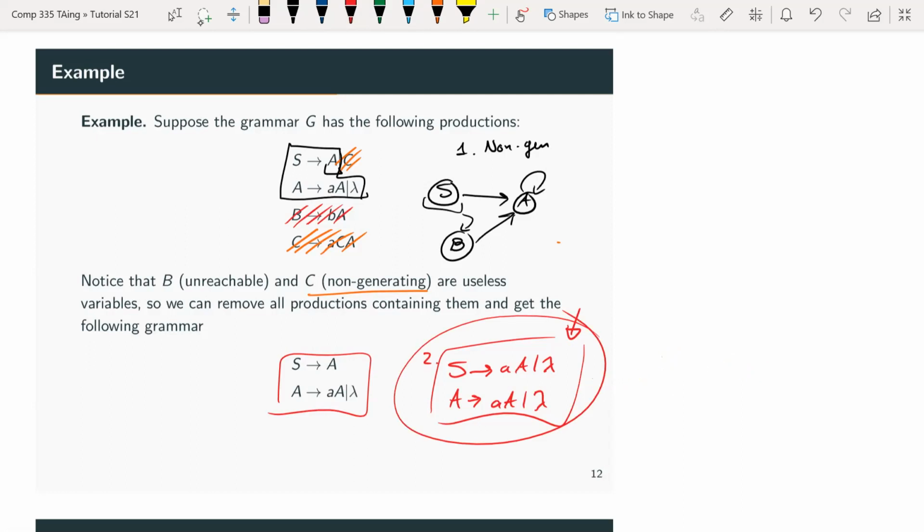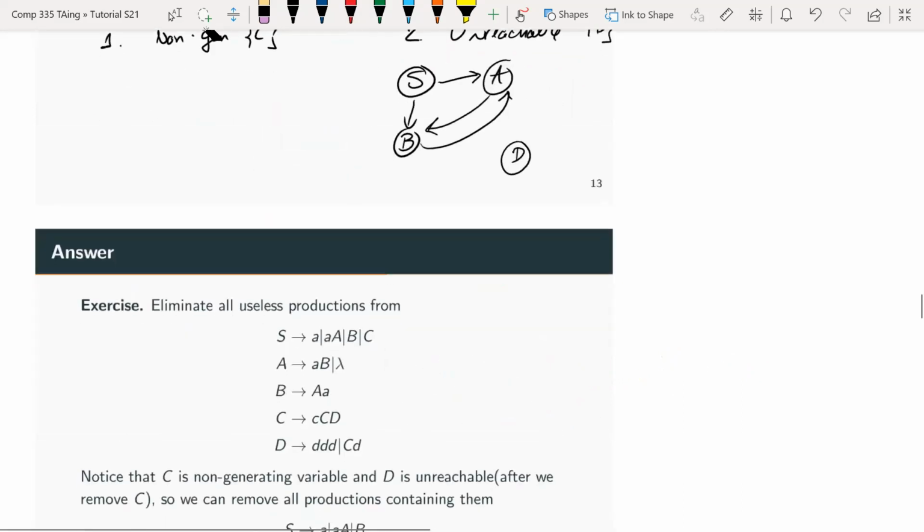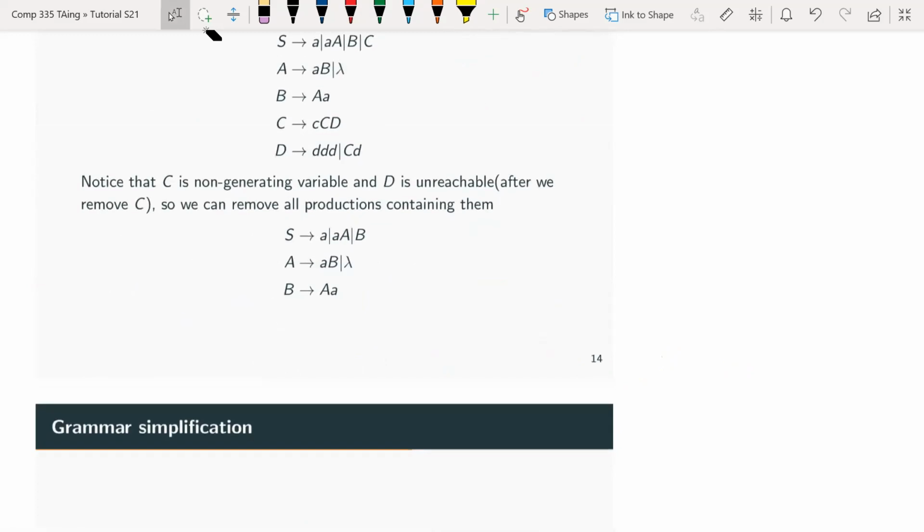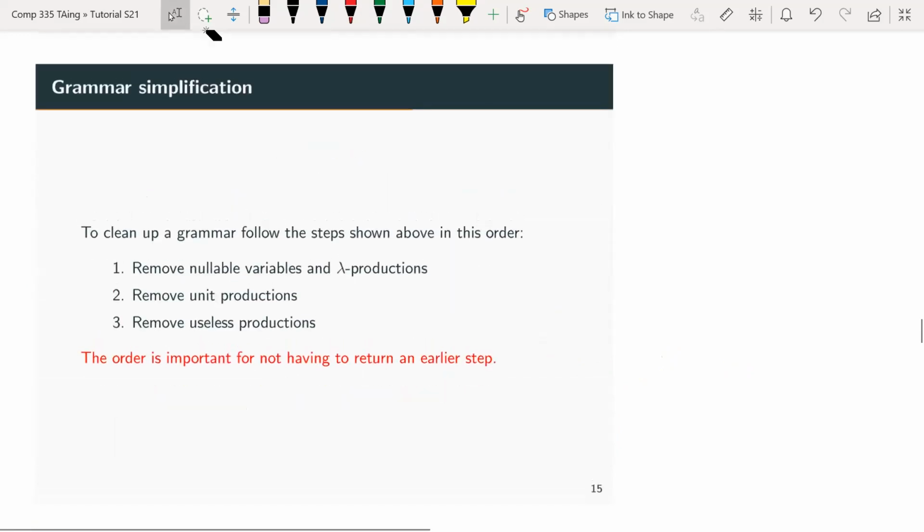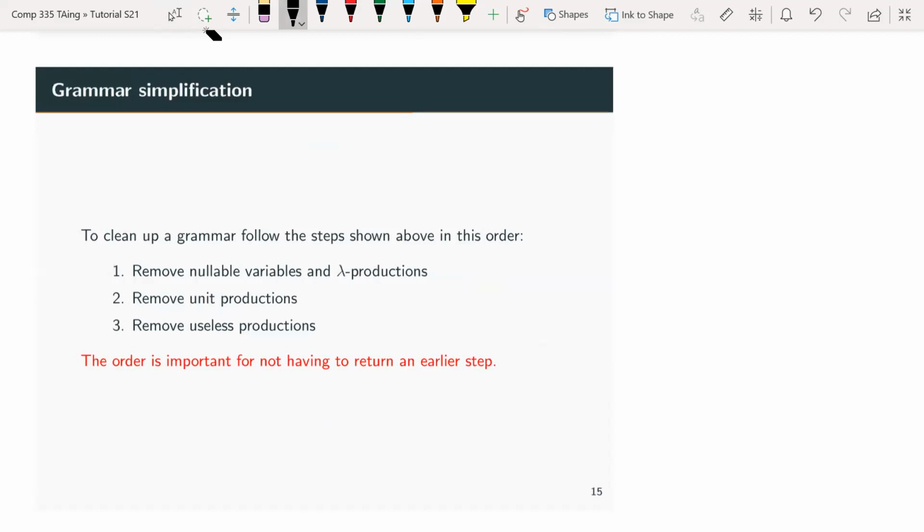So now that we've looked at the 3 grammar simplifications, how do these work together? Well, if we want to simplify a whole grammar, then the steps are first remove all nullable variables and lambda productions, then remove all unit productions, and then remove useless productions.